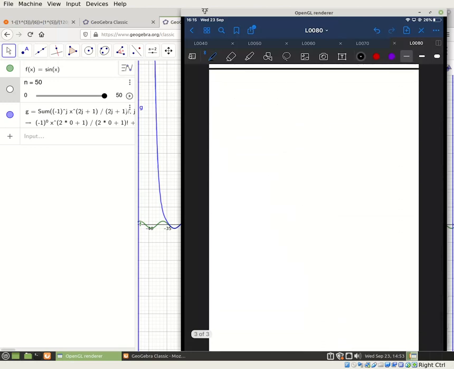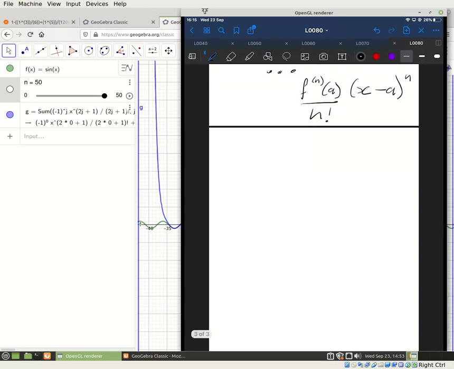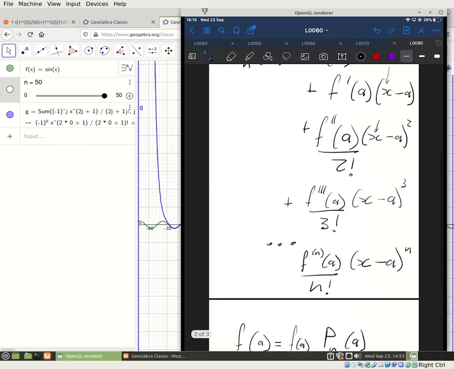So let us ask ourselves the question: why is the Taylor polynomial chosen or defined in the way that it is? So let us see what happens if we compute f of A and Pn of A. So f of A is of course f of A, and Pn of A, let's see what happens.